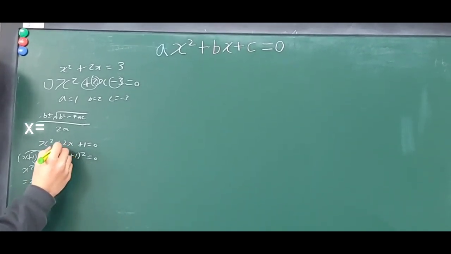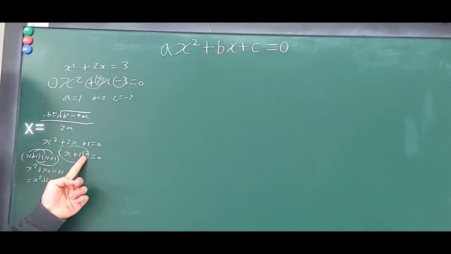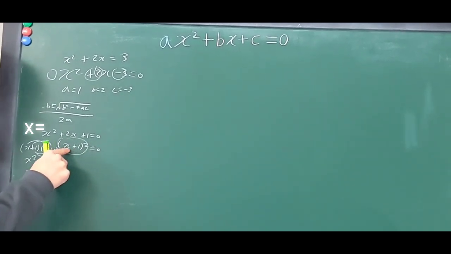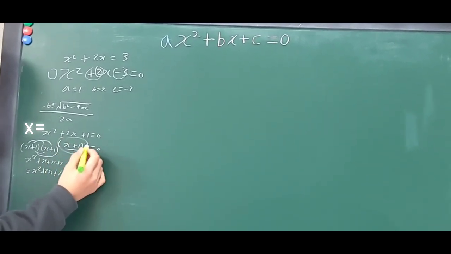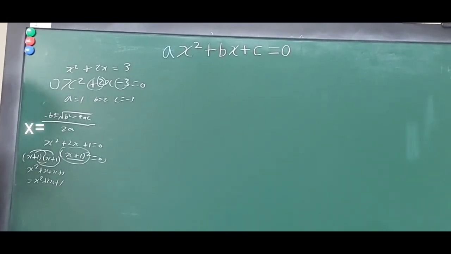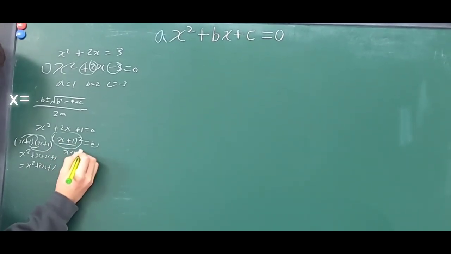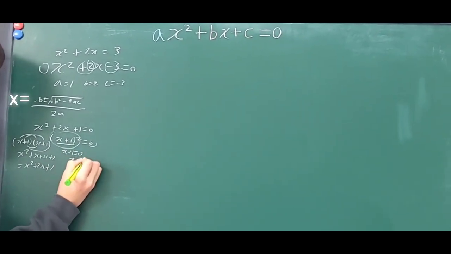That means since this has to be 0, then this inside the parentheses, this number also have to be 0, because when I square it, this is 0. So 0 squared is equal to 0. That's why this has to be 0. That means x plus 1 equals 0, and x will be negative 1.